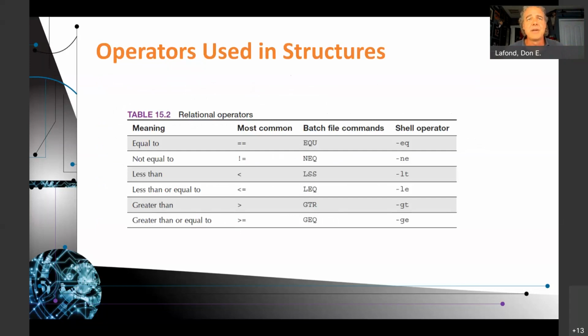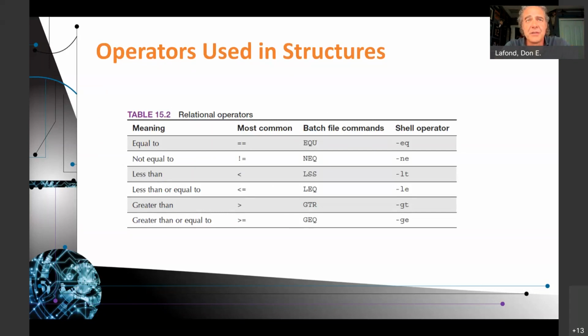Here we have operators. Because we use equals to create a variable, or to put some sort of text string, an integer, or a float into a variable, we just use the equals.